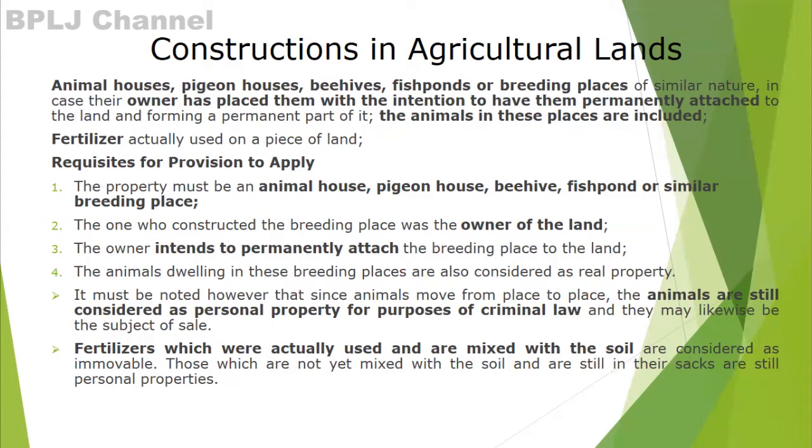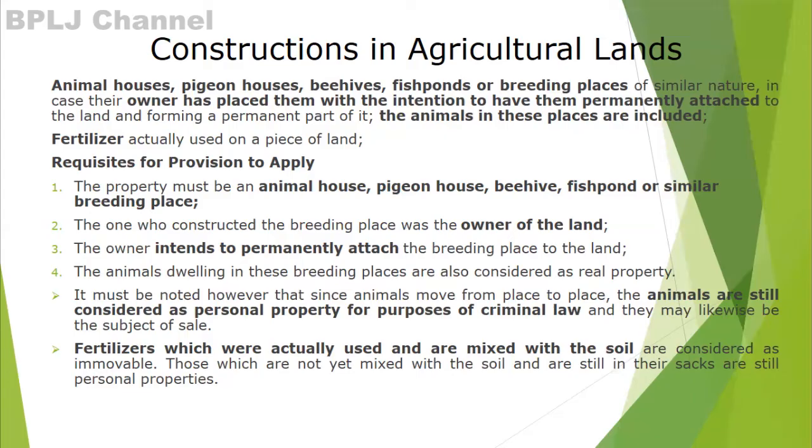First, the property in question must be an animal house, a pigeon house, a beehive, fish pond, or similar breeding places. The one who constructed the breeding place, rather, was the owner of the land. So the owner intends to permanently attach the breeding place to the land, and the animals in these breeding places are also considered as real property.